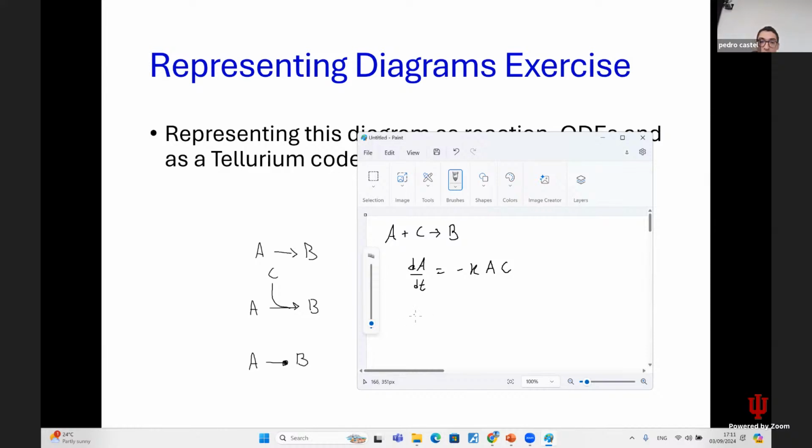It's the same. I'm losing C at the same pace as I lose A because they both are required to generate B. So I lose them at the same pace. So I have dC/dt is minus K A C. And for B, I have dB/dt is the same thing, but it's positive sign because I am gaining mass on B. All good?